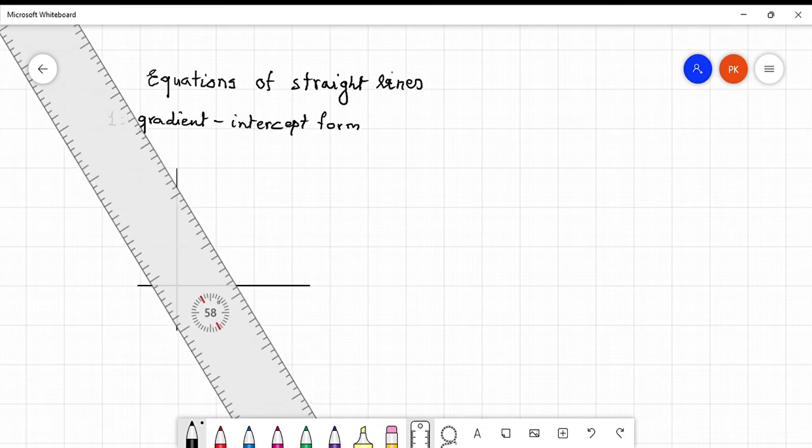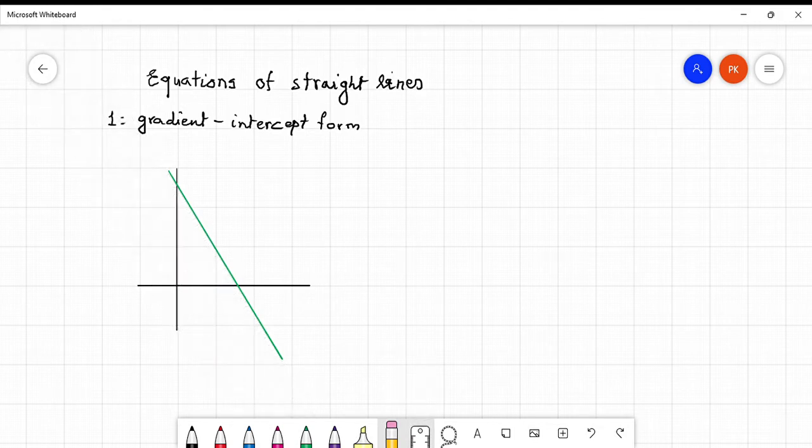Okay, so this is a line in the plane. And let us derive the equation of this line in terms of the gradient and the y-intercept.